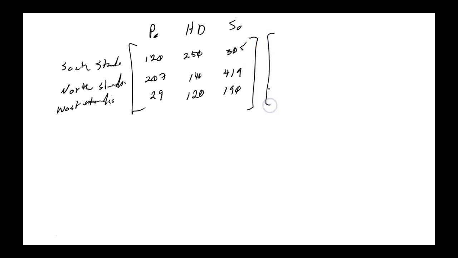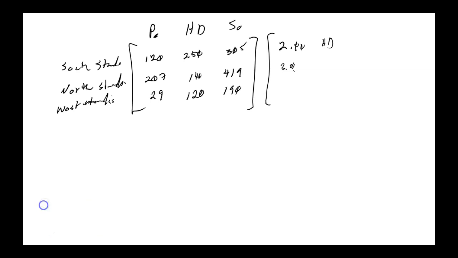Okay, now this column matrix or column vector represents the selling price. You got $2 for your hot dogs, $3 for your, got that backwards. $2 for the peanuts.